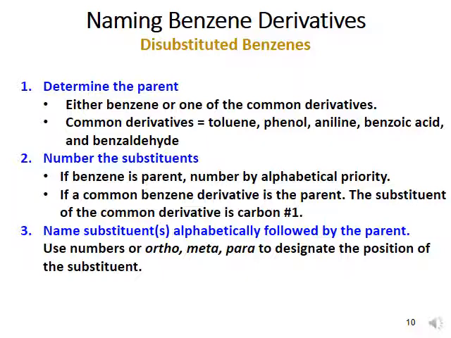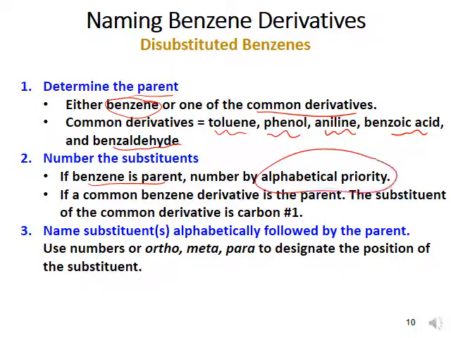So, di-substituted benzenes. Once again, you have to determine the parent, and that's either benzene or one of the common derivatives. Okay, we talked about all of these that you had to memorize. And if benzene is the parent, then alphabetical priority. And if the common benzene derivative is the parent, the substituent that makes it the common derivative is carbon number 1.